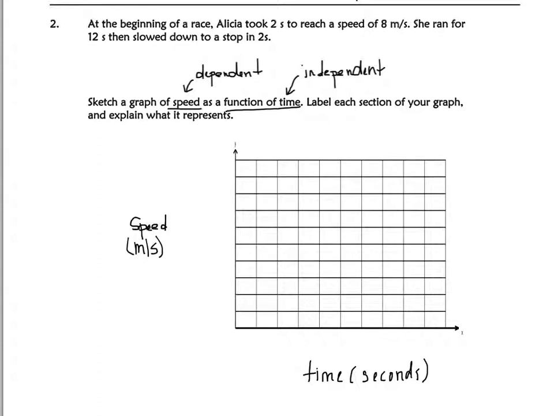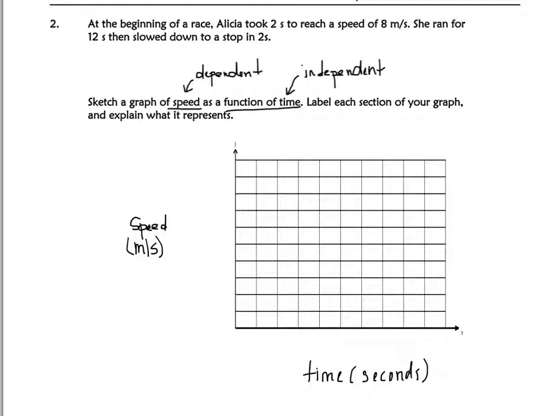And if we look at the times that are involved in this particular situation, they said at the beginning of the race it took her 2 seconds, so that means she got 2 seconds to reach a speed of 8. Then she ran for 12 seconds, so 2 plus 12 would be 14 seconds, and then she slowed down to a stop in another 2 seconds, so another 2 seconds on to 14 would be 16 seconds.